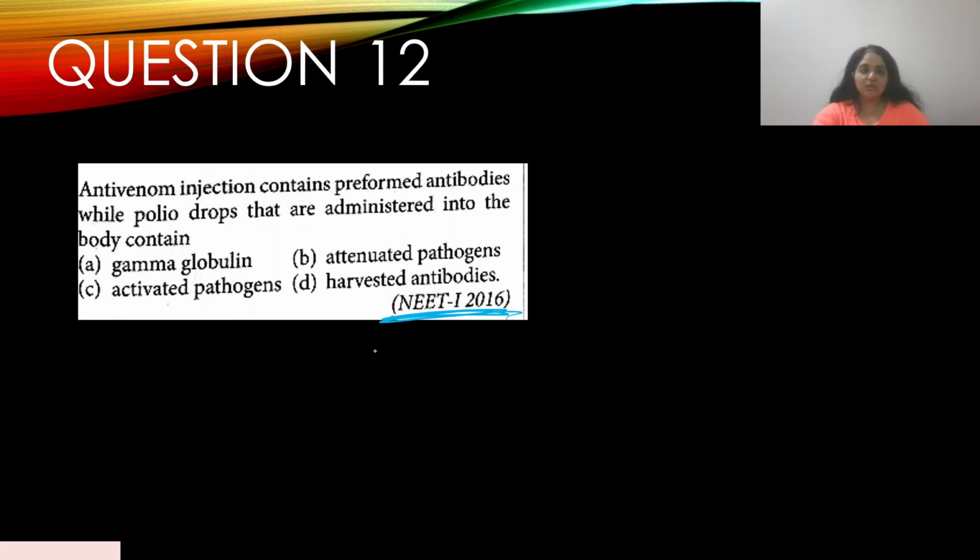Polio drops are oral polio vaccine, and they contain attenuated pathogens, not activated pathogens. The answer is B. Gamma globulin, no, they don't contain antibodies, and harvested antibodies, no, they don't contain that either. It has to be B.